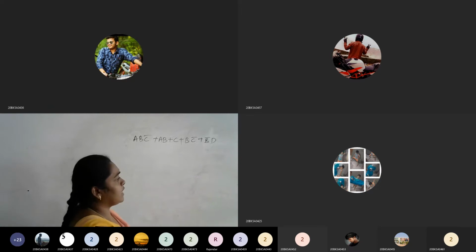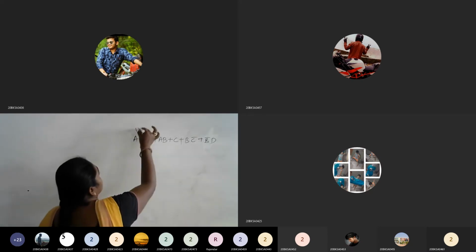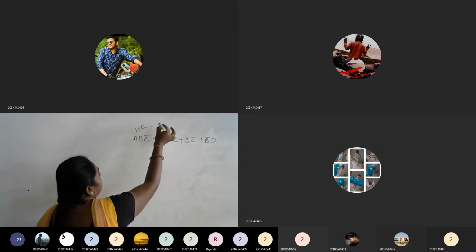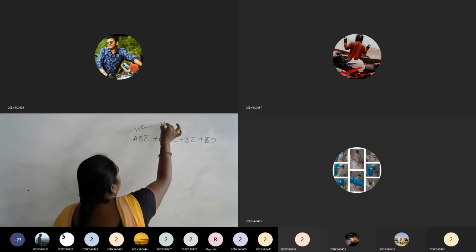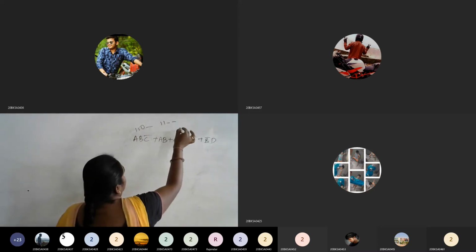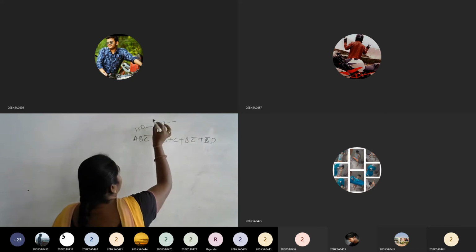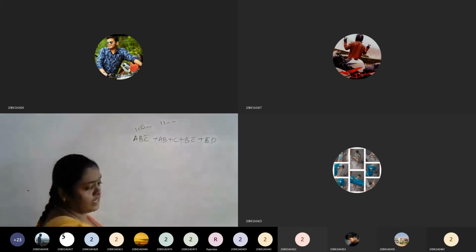First convert into standard SOP and tell me. 110, dash. D is missing.